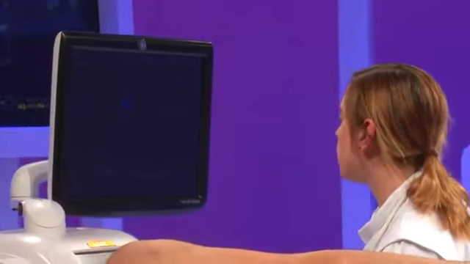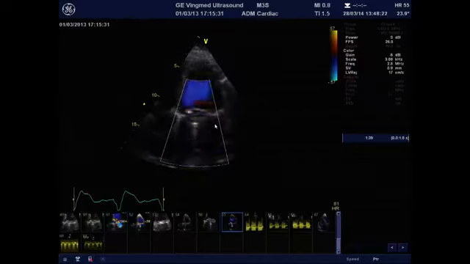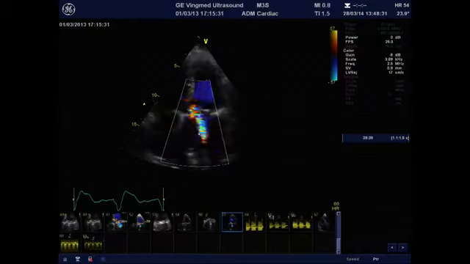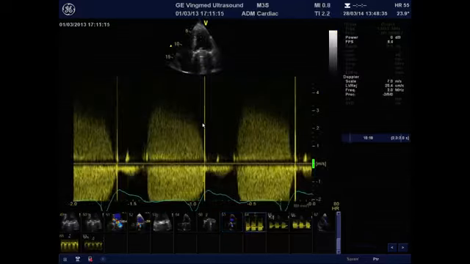When you put the color Doppler flow on that prosthesis, you can note that the diastolic inflow is going through only one orifice, and also there's a lot of aliasing and high velocity. And as we expect, when we interrogate that prosthesis with the continuous wave Doppler, you can clearly see the big envelope.